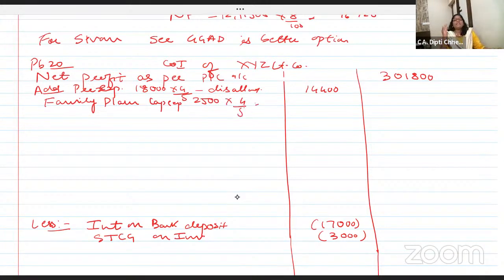Family planning expenses allowed in income tax only in case of company, not in case of proprietorship and all. And how much is allowed? 1/5. So 2,500 का 4/5, 2,000 क्या हो जाएगा? Disallow. GST is allowed. National laboratory is allowed. Reserve for future losses not allowed.